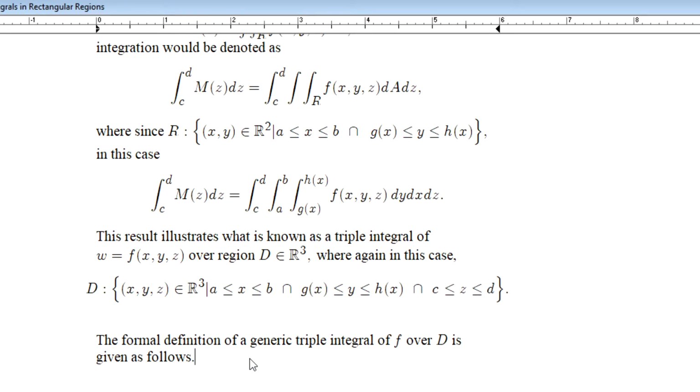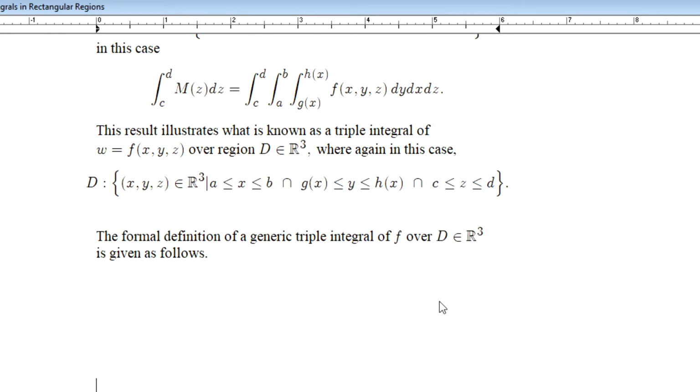This is one specific case of what could be generalized as what we just know as a generic triple integral of f over D contained in R3. Triple integral of f, we might note, well, actually, f can be any dimension. It's D that's going to be contained here in 3-dimensional space.